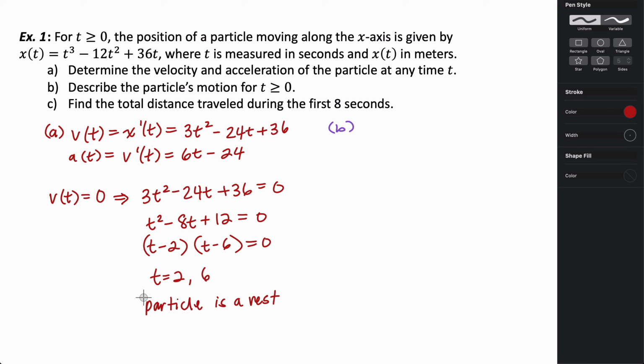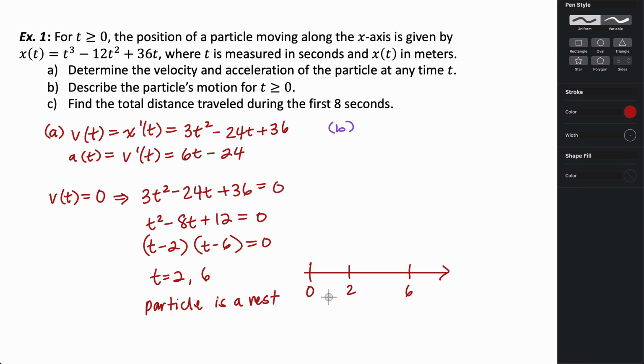So what's happening on either side of those times? Let's just do a quick sign analysis of the velocity function here. We'll just test some values. Okay, so from 0 to 2, what is happening? Pick a number and plug it in and test whether it's positive or negative.